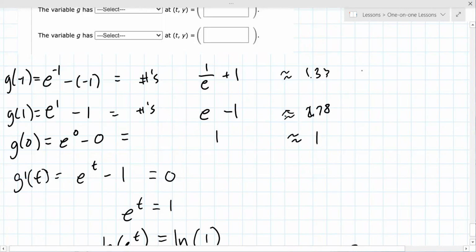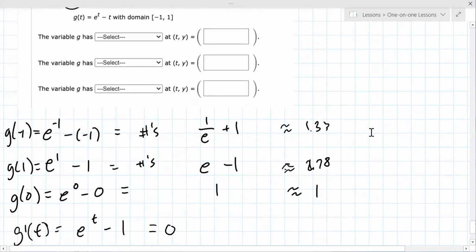Okay. So out of these on the right, which is the smallest or which is the largest? The smallest is 1. So we've got -1 comma 1 over e plus 1 in here.